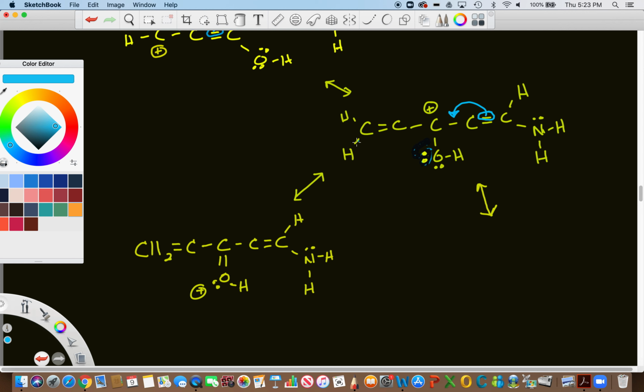Can break and make a pi bond with the carbocation, the positive charged species. So now we have CH2. I lost my hydrogen here, that's okay.